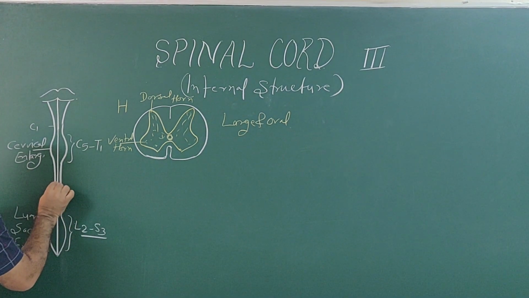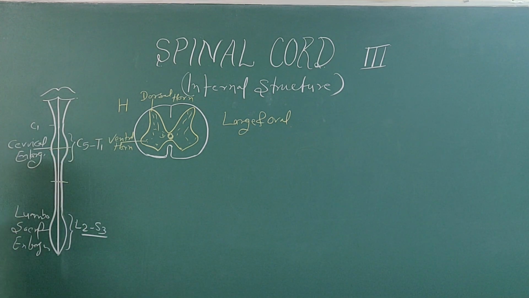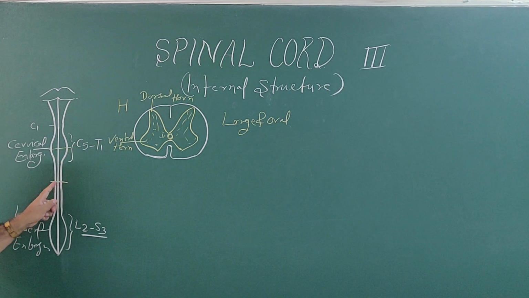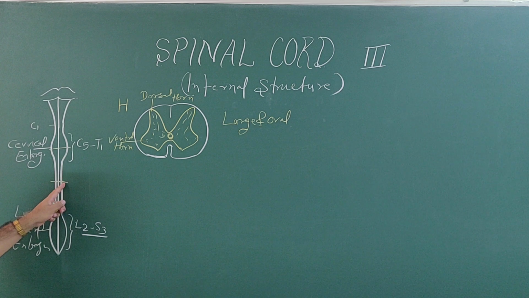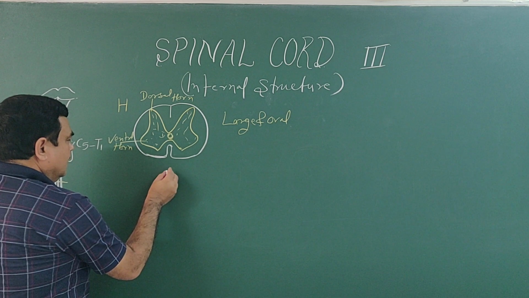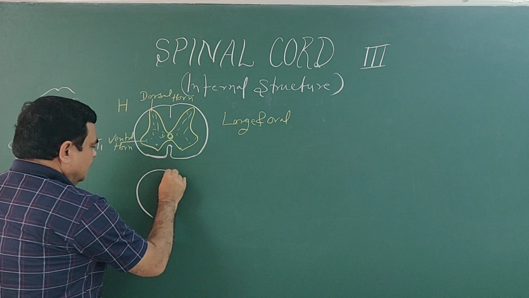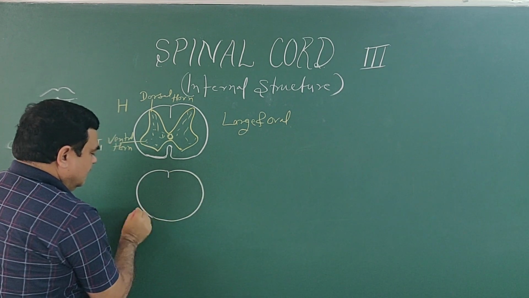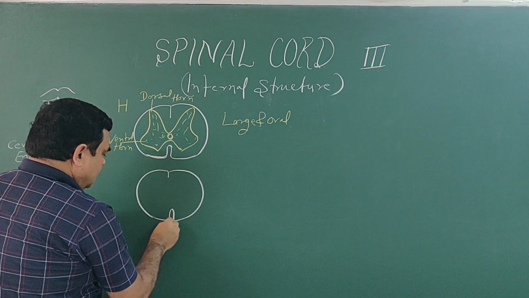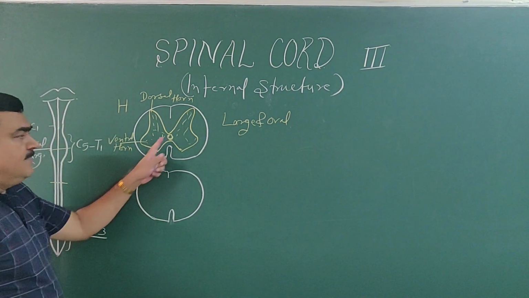This was the transverse section at the cervical enlargement level. If you cut a section at the thoracic level, you will find it is more circular in comparison to this.